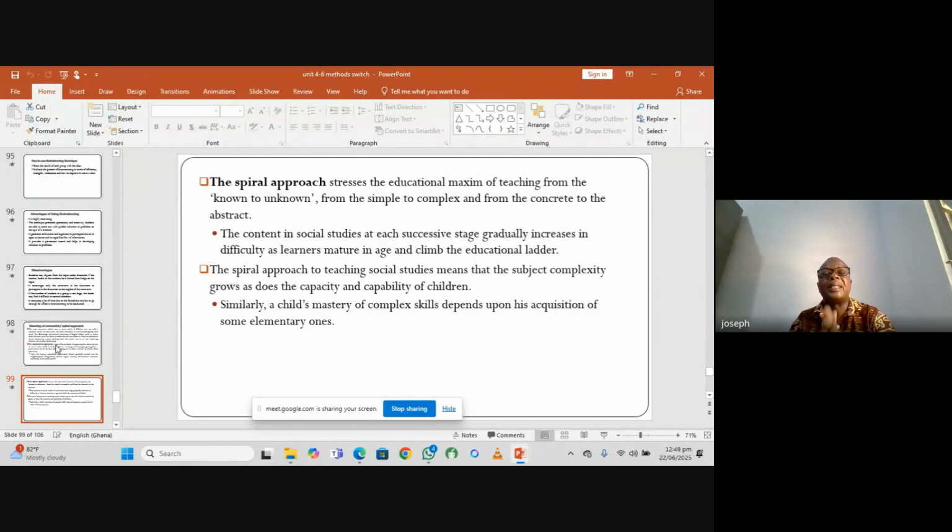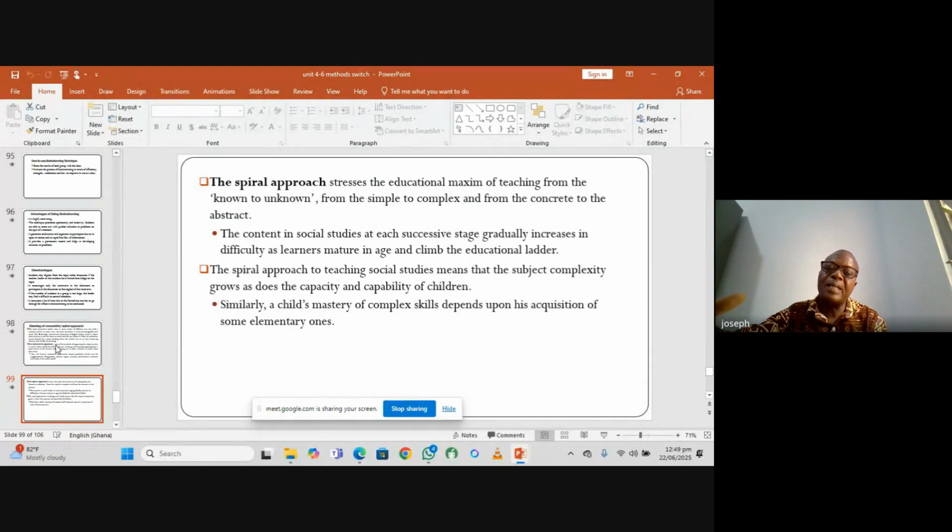So if you are teaching, let's say, addition in primary 1 as the base of addition, the child moving from class 1 to class 2, even though you still teach him or her addition, the addition that you taught him in class 1 will be different from addition in class 2, because he has grown by 1 year, he has climbed one ladder.